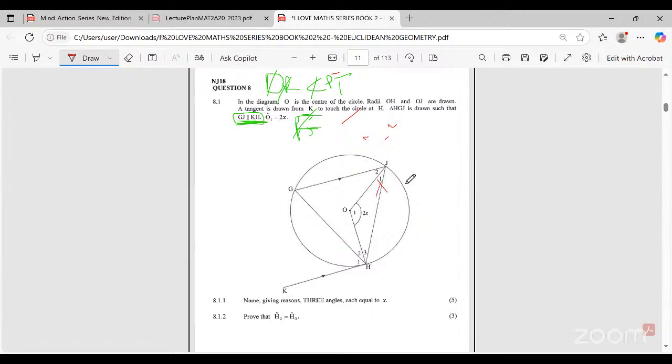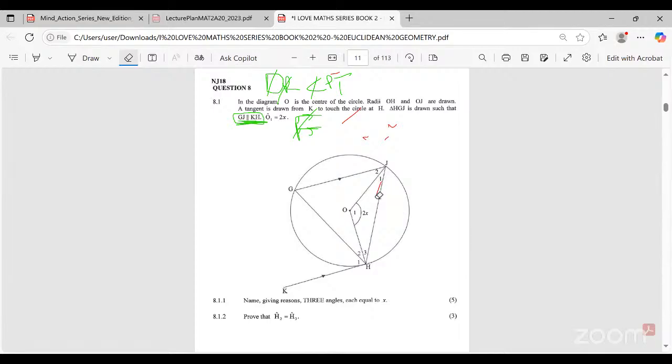Angles opposite equal radii in triangle OJH, sir. Why? I'm just curious about where you got this x. If angle O is 2x, then that means angle G is x, right? Oh, angle G, yes, sir. I agree. Angle G is equal to x.